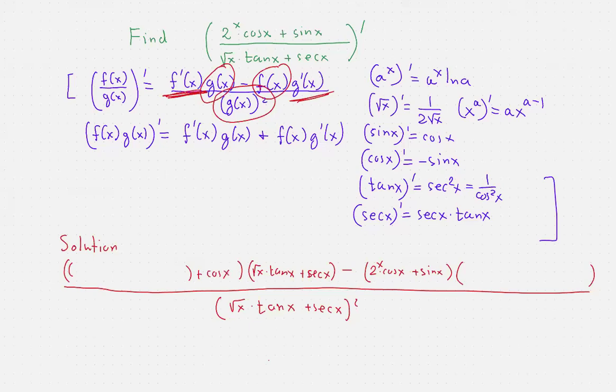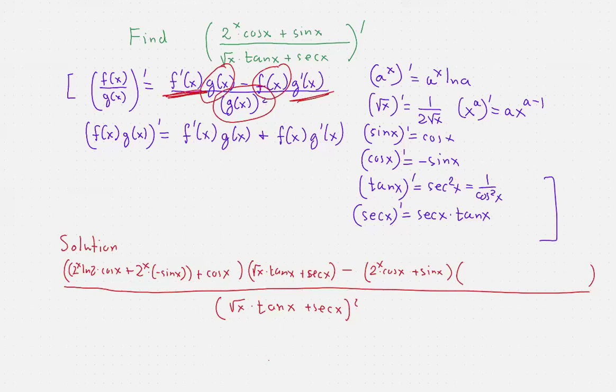So that will be 2 to the x ln 2 times cosine x plus the first one, which is 2 to the x, times the derivative of cosine x, which is negative sine x.